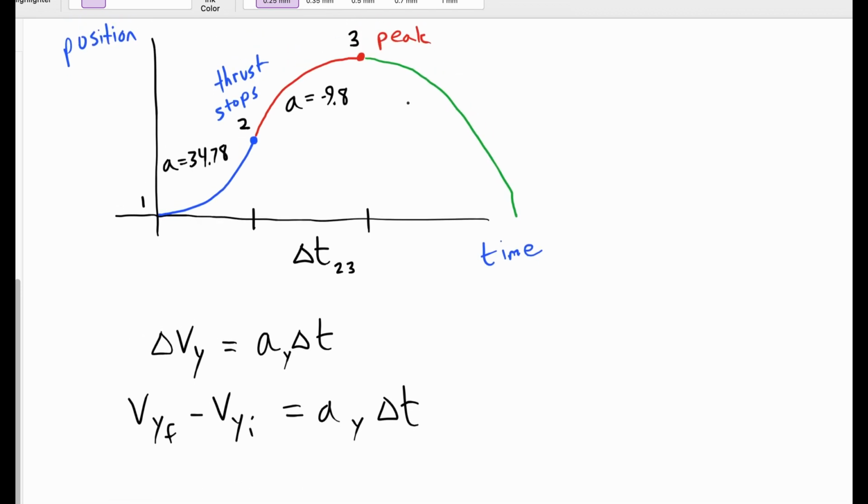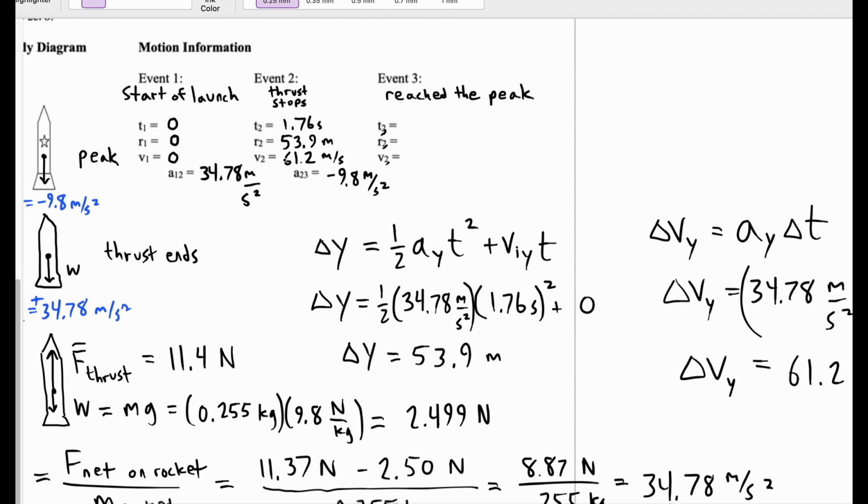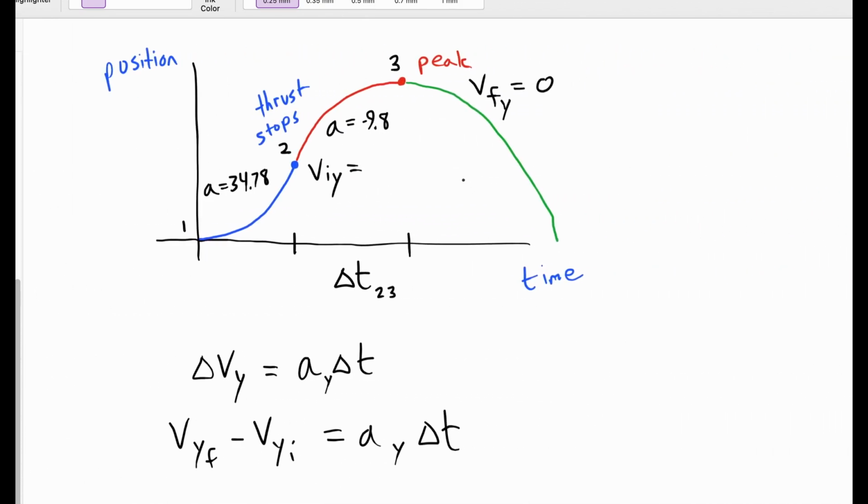Alright, so what is the final velocity? That's up here. Our v final for the interval has to be 0. When you get to the peak, you have a velocity of 0 in the y direction. For here, our initial velocity for this interval was claimed to be 61.2 meters per second.